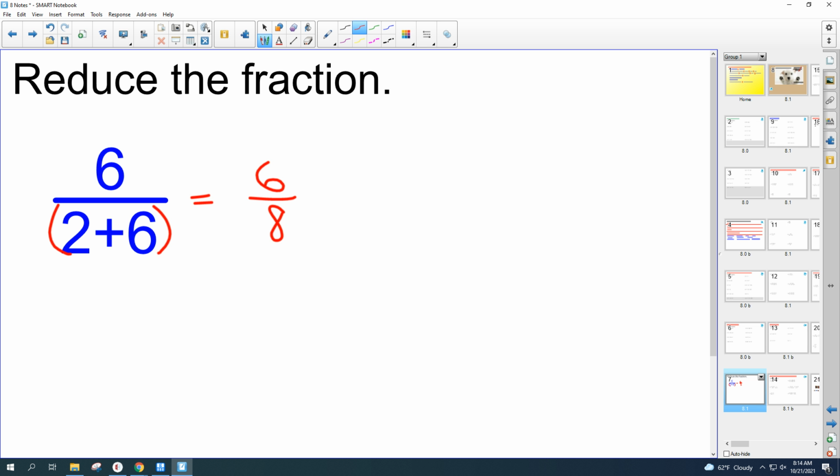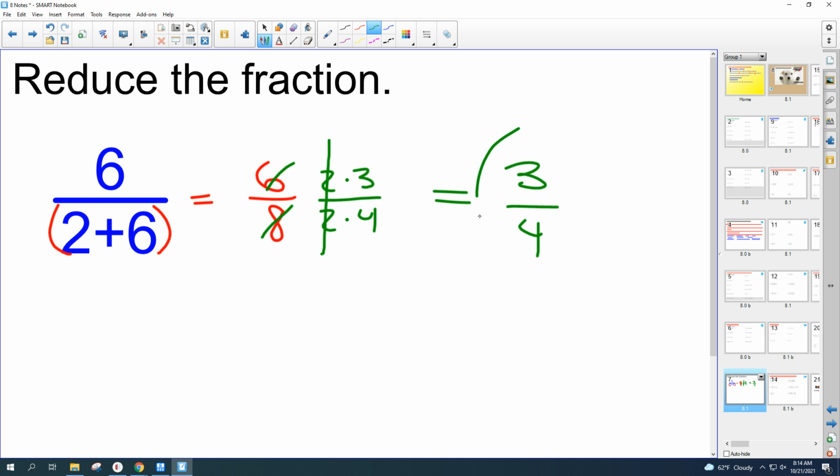So we would say something like, well, I know 6 is 2 times 3, and I know 8 is 2 times 4, and we can cancel out that common factor of 2. We can divide both the numerator and the denominator by 2, and that's going to leave us with 3/4. So if you were going to reduce that fraction, you would reduce it to 3/4, and that should make perfect sense. 6/8 reduces to 3/4.